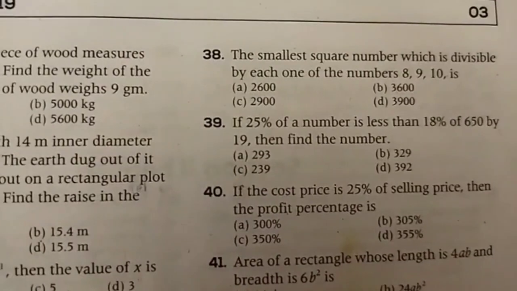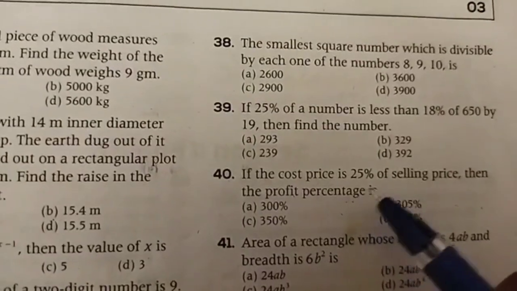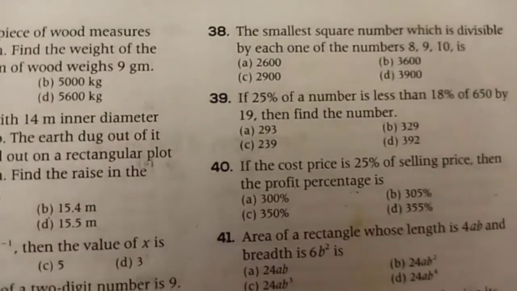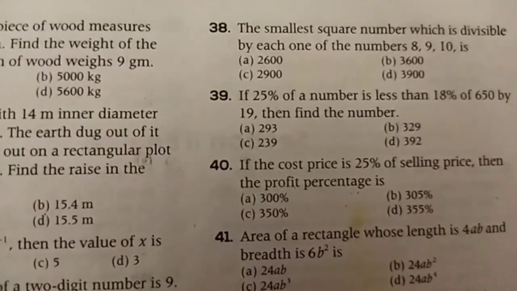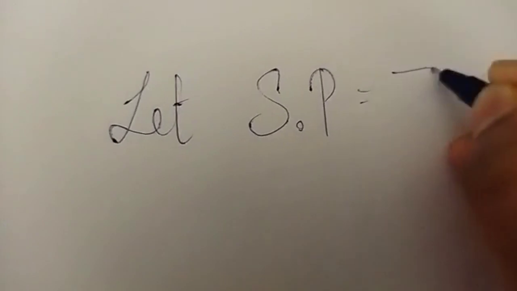If cost price is 25% of selling price, then the profit percentage is. If you want to find the profit percentage, the formula is profit by CP into 100. We need to know what is profit and also CP. So let me take SP is equal to rupees 100.